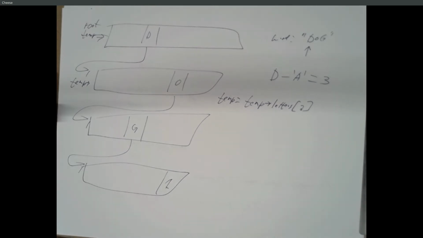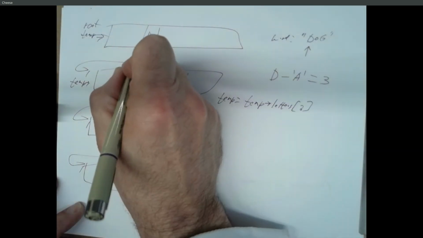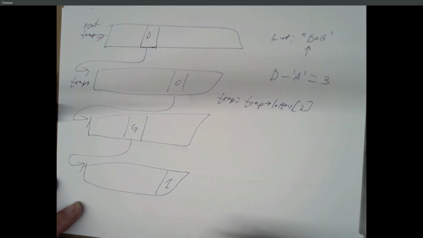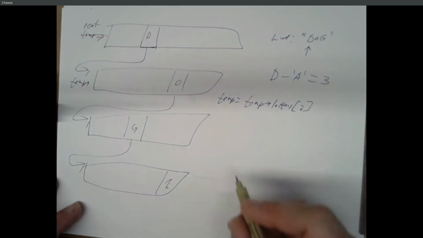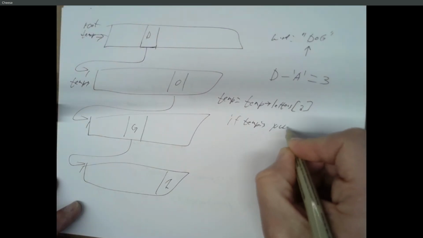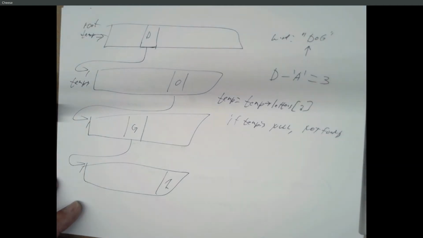So this was ODP 240. Take the first character and find the pointer that corresponds to that letter. So if I set temp equal to that, if temp equals null, then it's not found. Otherwise, temp is pointing to the second node.